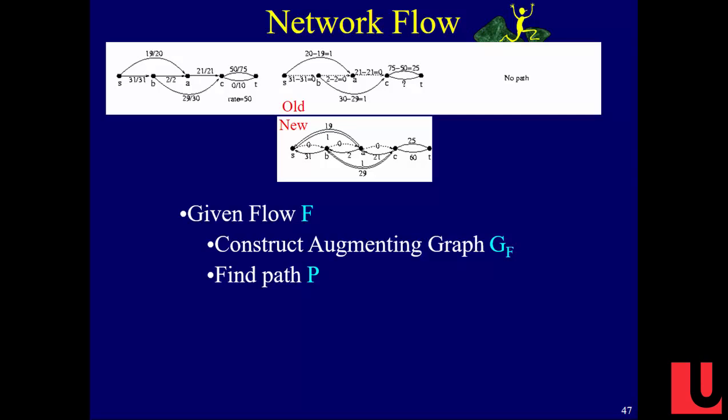But I also added a directed edge coming back of 19 because we could also undo this 19 if we wanted. And this one here, we have a flow 2 going forward. We can't push any more forward, but we can undo this 2 if we want. So that's a new edge coming back, which says we can undo this 2.